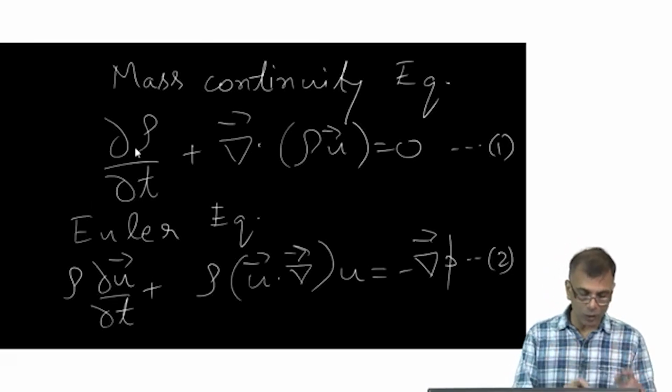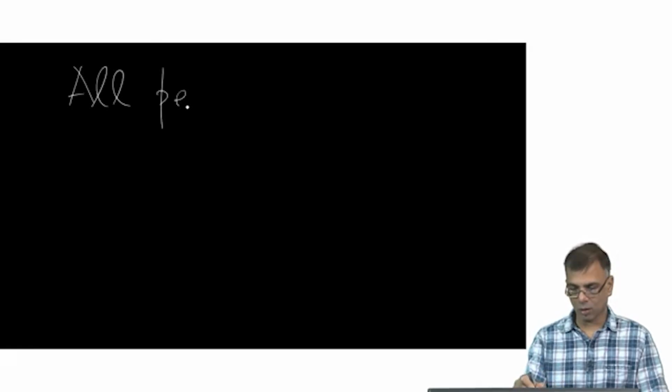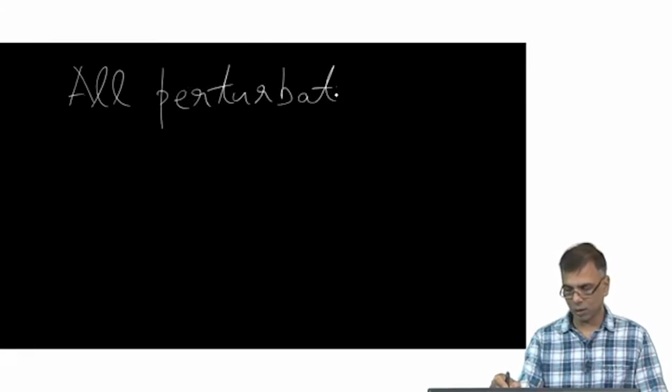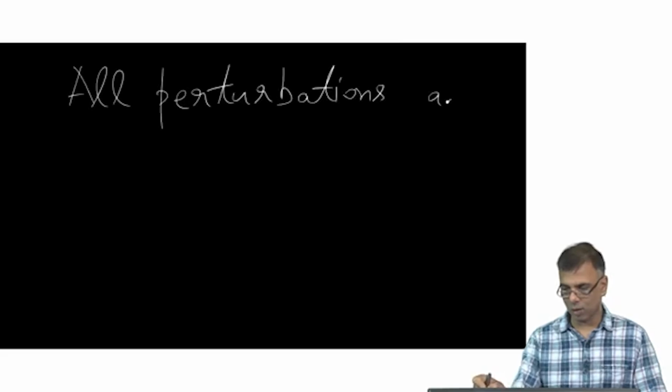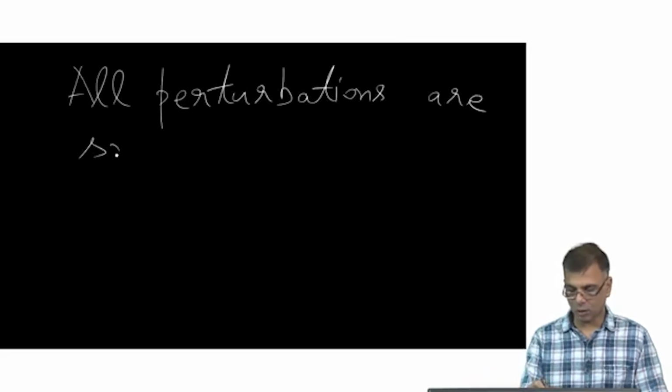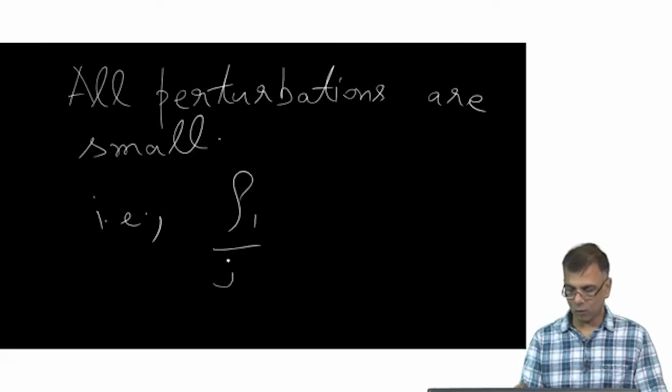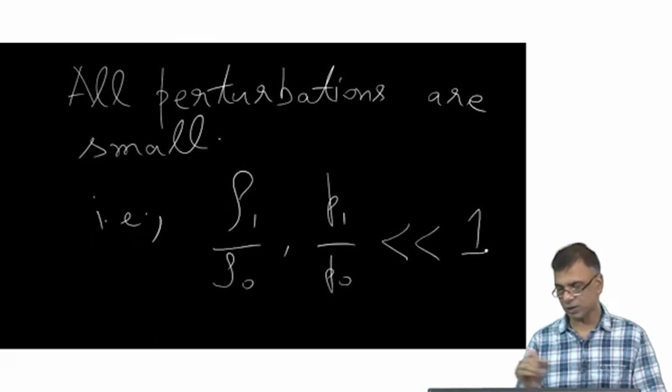And there's one more important thing to note: all perturbations are small, i.e., rho 1 over rho naught, p1 over p naught, everything is much less than 1.